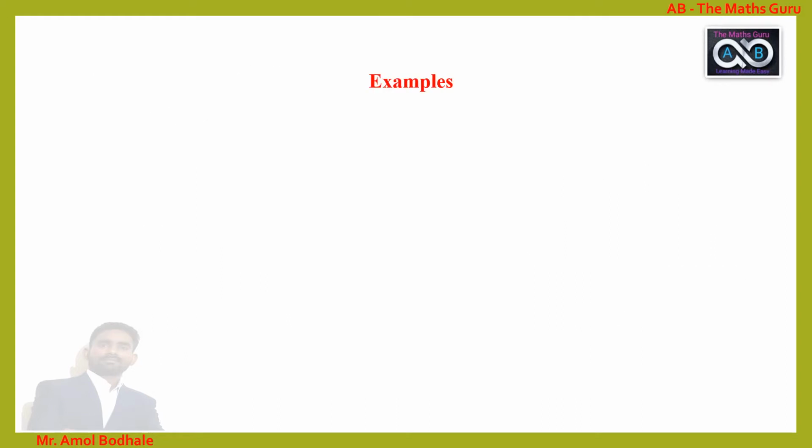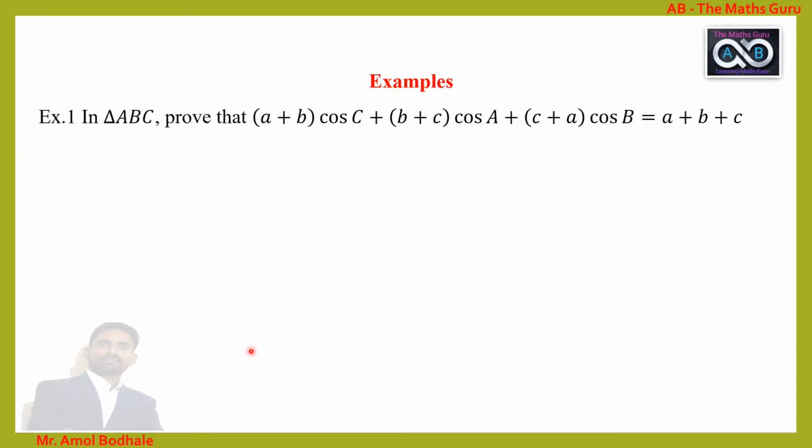Let's see the example. In triangle ABC, prove that (a plus b) cos C plus (b plus c) cos A plus (c plus a) cos B equal to a plus b plus c.